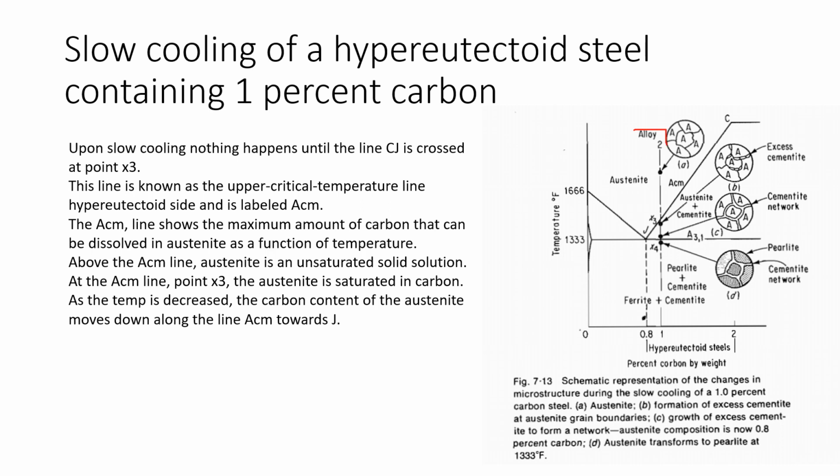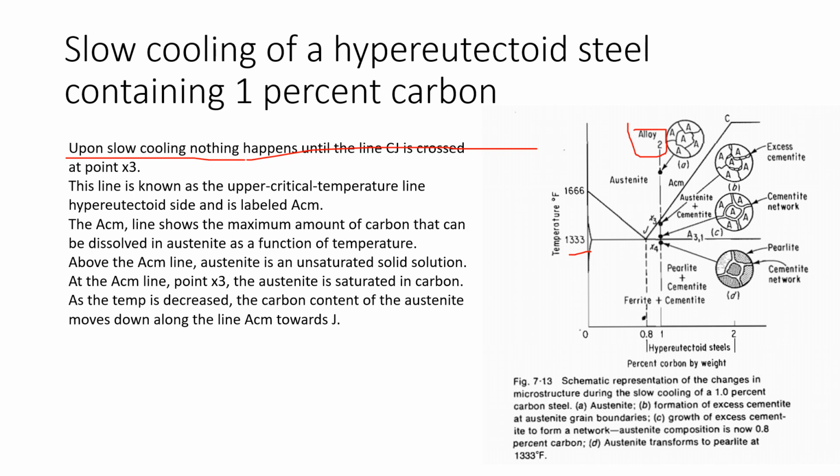Now what will happen if slow cooling of Li2 occurs from above 1666 degrees Fahrenheit to below 1333 degrees Fahrenheit? What will be the allotropic changes and what will be the effect on the microstructure if we cool Li2 at a constant 1% carbon?